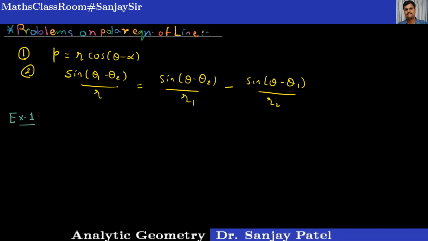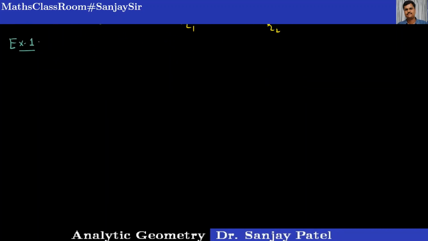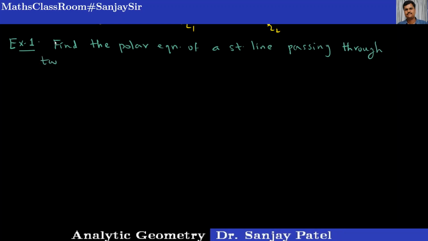Here the question is: find the polar equation of a straight line passing through two distinct points, say A(2 root 3, 0) and B(2, pi by 6).